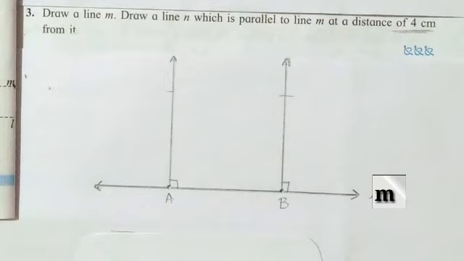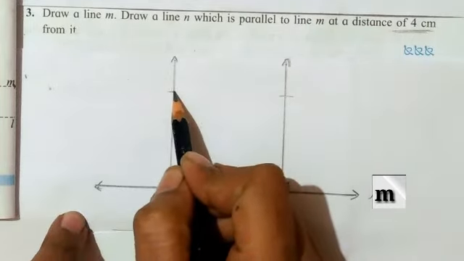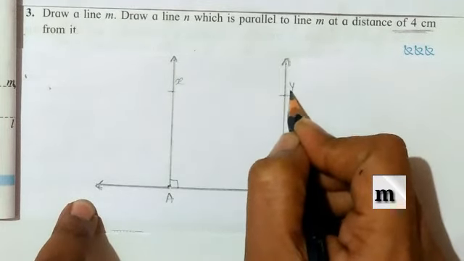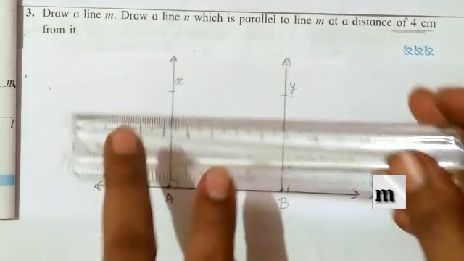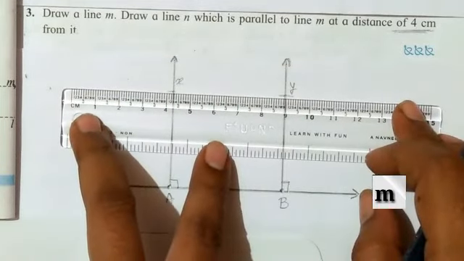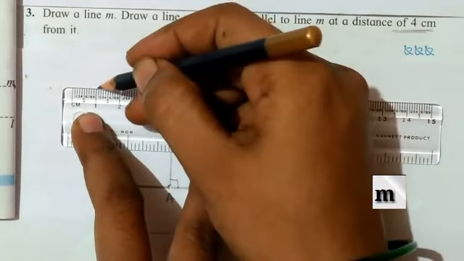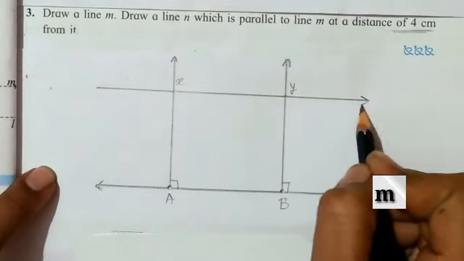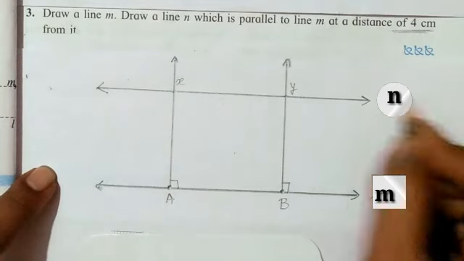Now in this way we will get two points. Suppose this one is point X and this one is point Y. We have to join these two points with the help of a scale. Put the arrows at both ends, and this is the line N.